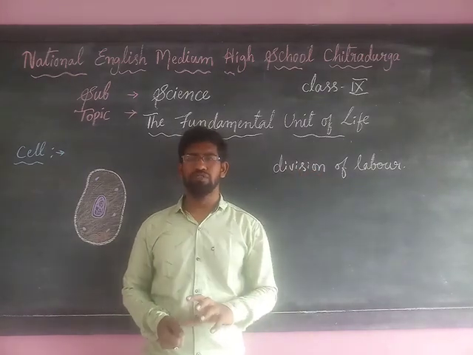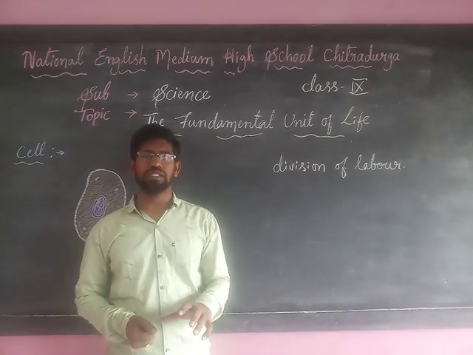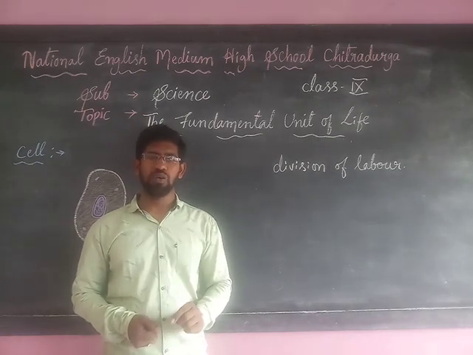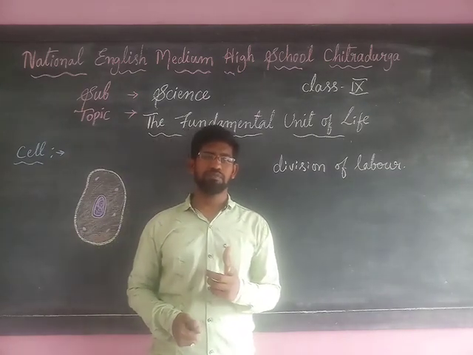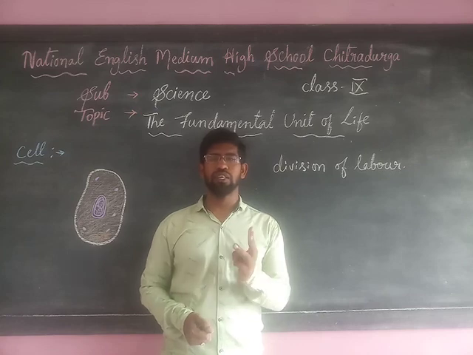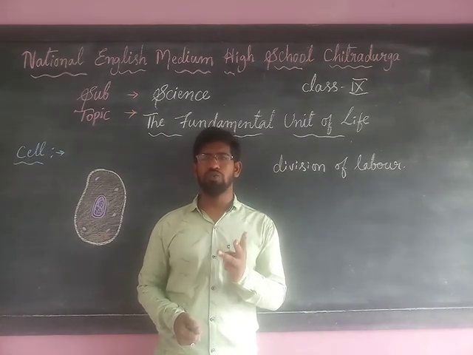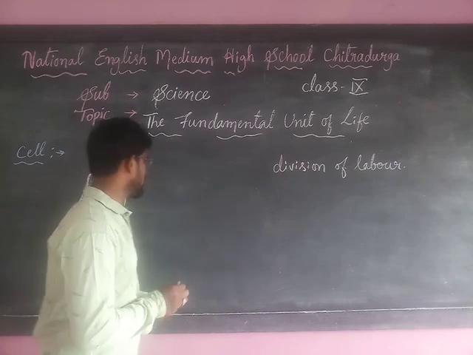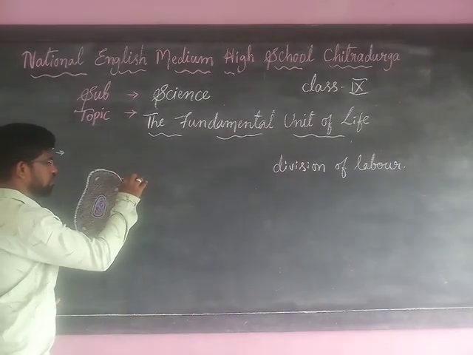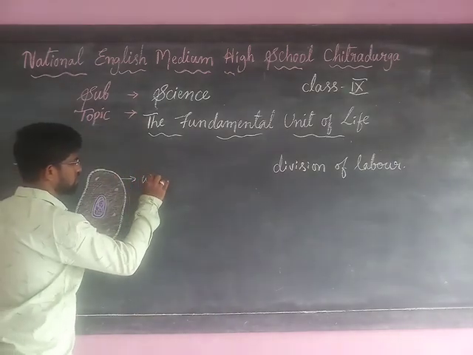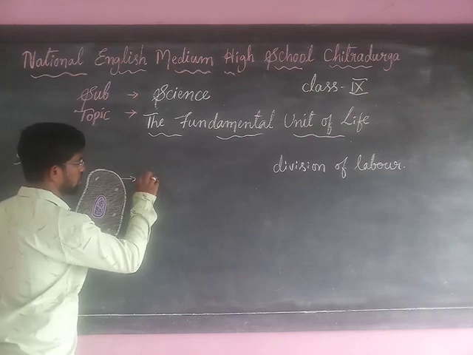This division of labor also takes place within the cell. How? We have to know about the cell. The cell has three main parts. The outermost part is called the cell membrane or cell wall.